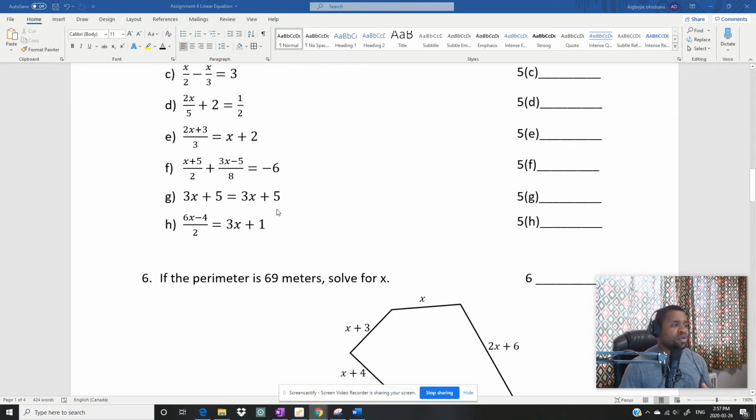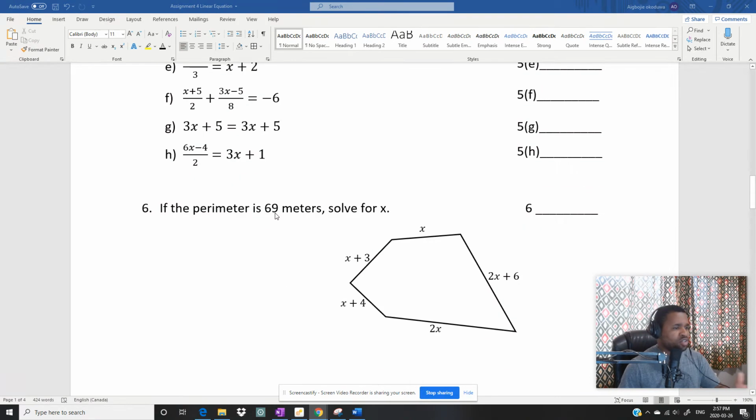This is where you also have to apply what it means for a particular shape to have an area versus perimeter, and how to apply that to questions like this.